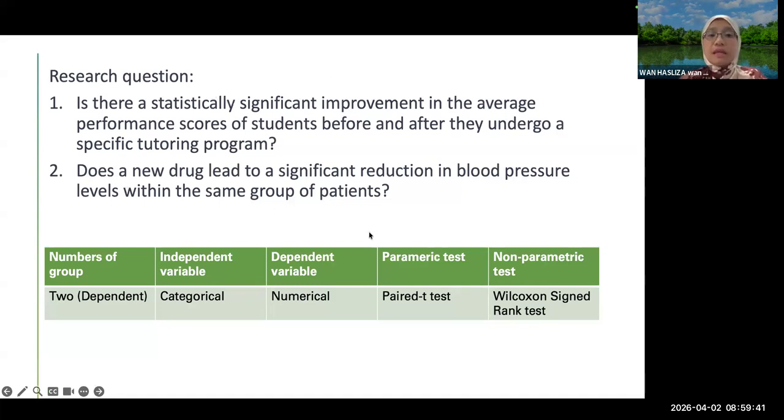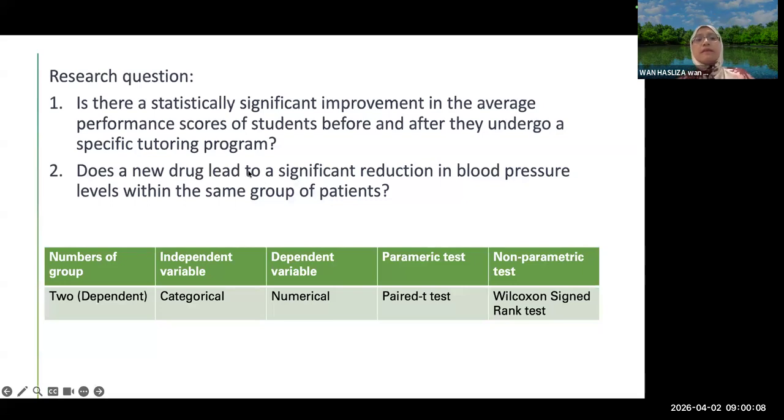Same with the second question. Does a new drug lead to a significant reduction in blood pressure within the same group of patients? Remember, pre and post means that you measure the same participant. You cannot go to a year 1 student, do the intervention, but take the post measurement from year 3. It's not correct. So the same participants have to answer your questionnaire, pre and post.